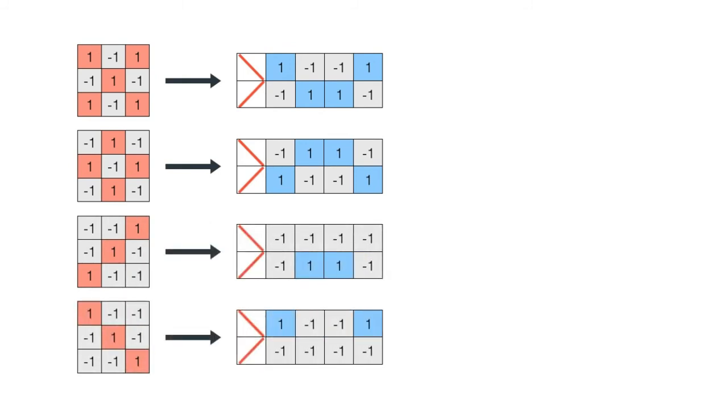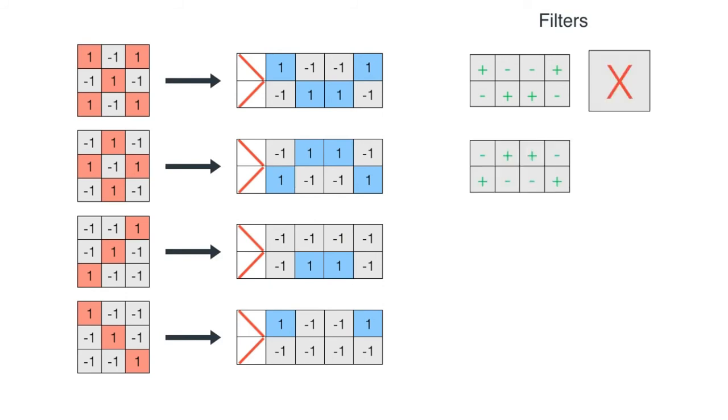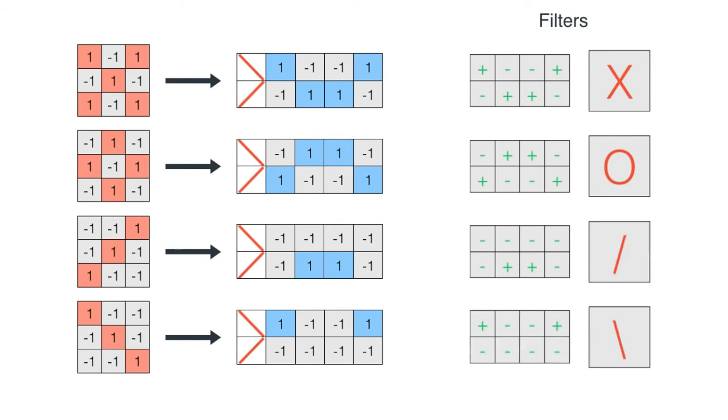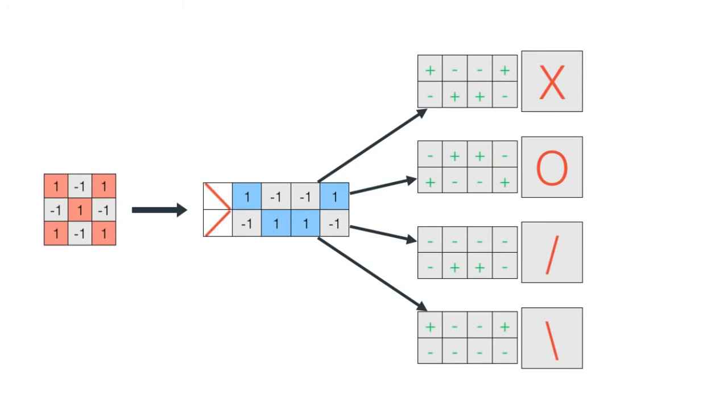We will do this in the same way that we have done before, basically putting the signs with each of the matrices. So we have encoded the first filter to X, the second filter to O, the third filter to forward backslash, and the fourth filter is for reverse backslash.